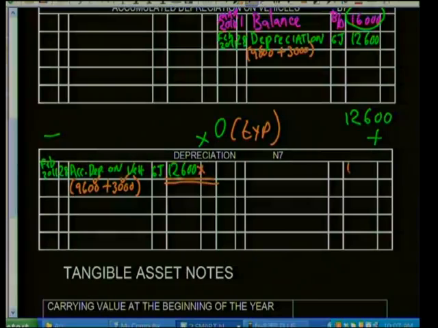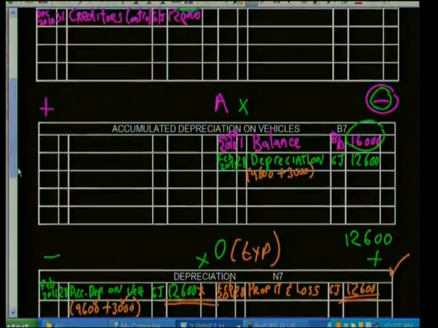So at the end of the financial year, we are simply going to close off 12,600, and by means of a general journal entry, we are sending this to an account called profit and loss, a final account. And this obviously happens at the end of the financial year, 28th of Feb 2011, and depreciation is now closed off.